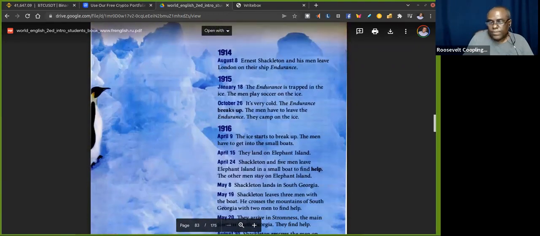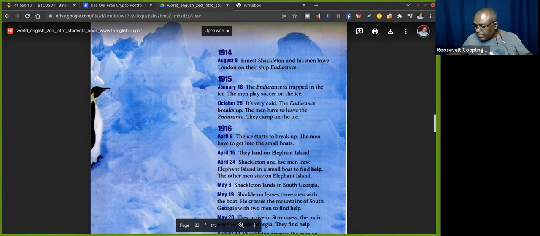1914. August 8th. Ernest Shackleton and his men leave London on their ship Endurance. 1915. January 18th. The Endurance is trapped in the ice. The men play soccer on the ice. October 26th. It's very cold. The Endurance breaks up. The men have to leave the Endurance. They camp on the ice. 1916. April 9th. The ice starts to break up. The men have to get into the small boats. April 15th.